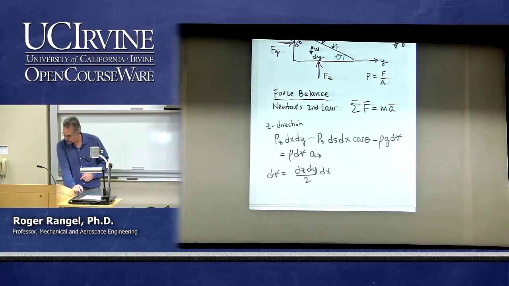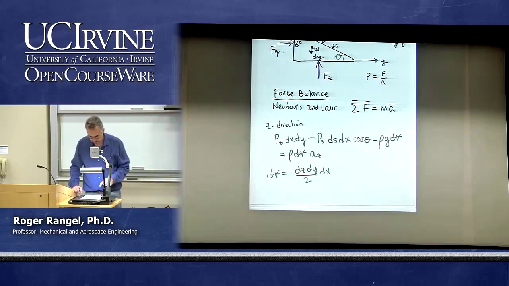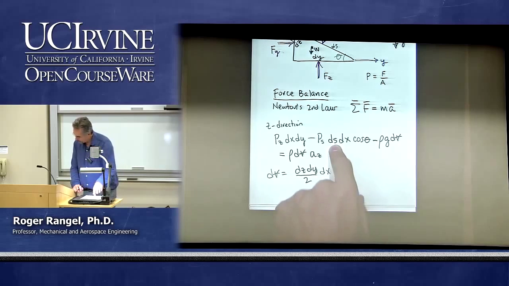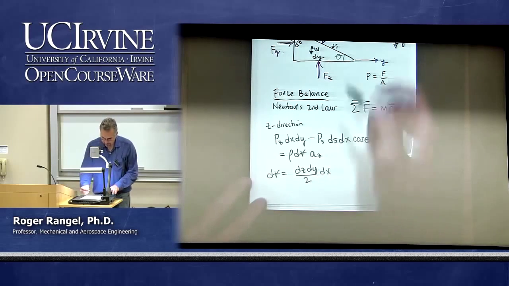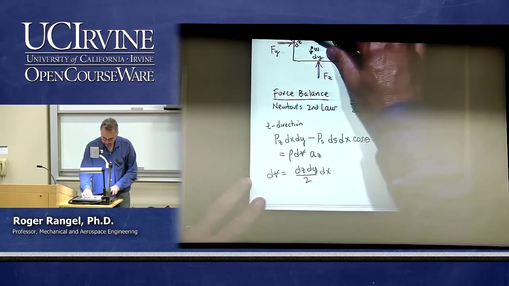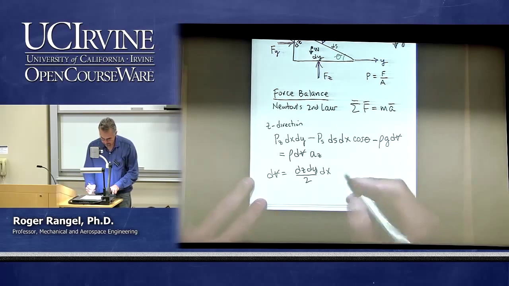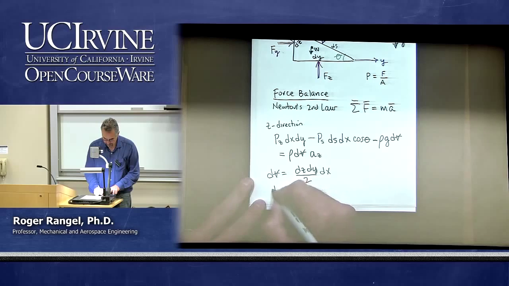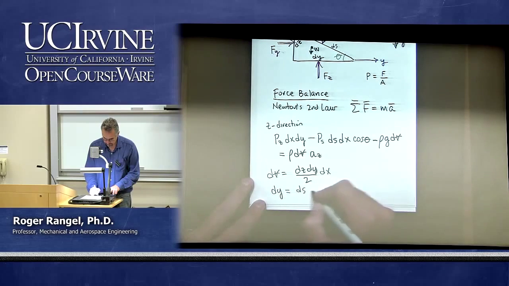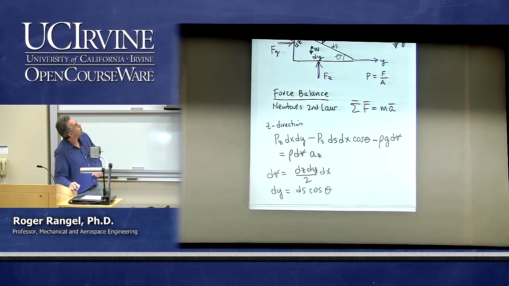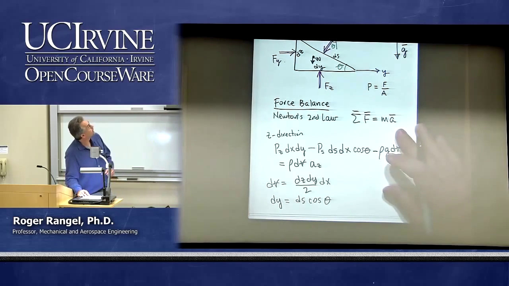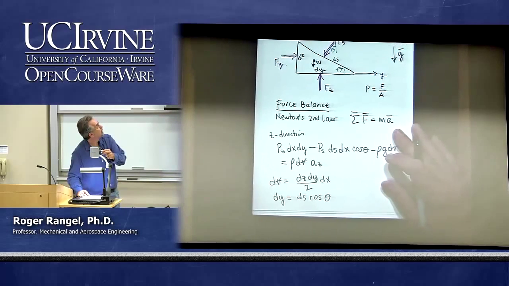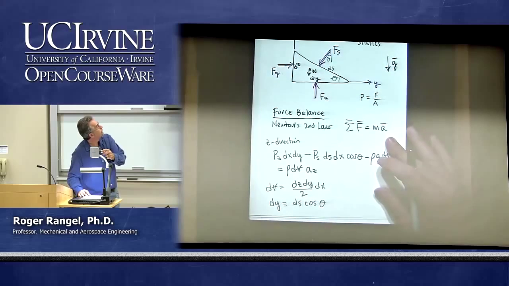So that's the volume of the fluid element. And another thing is that there is a relationship, for example, between ds and dy. I can write that dy is ds times cosine of theta from the geometry of the drawing.